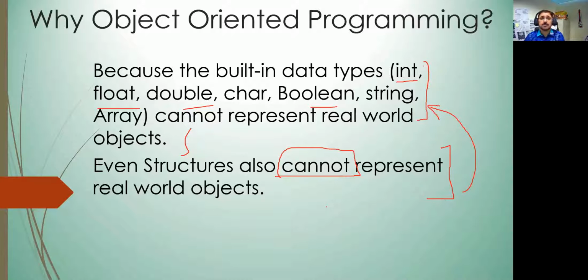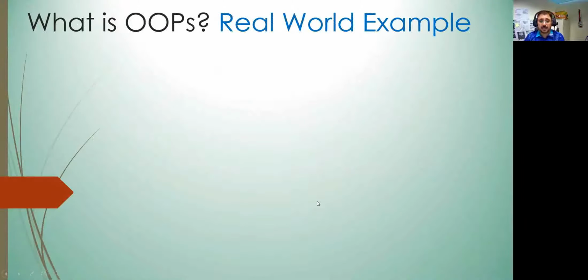So to complete this whole process, we need a mechanism which really represents the real world object. By really represent, I mean not only the properties but the functionality also. To do that, we need object oriented programming.